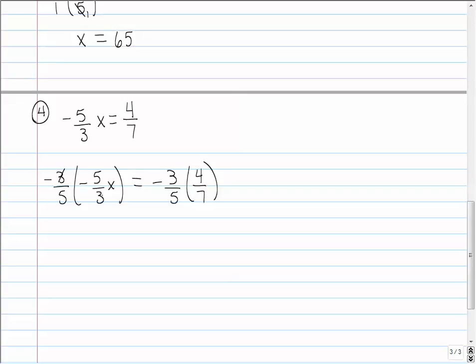And you can see that those 3's are going to cancel out to just give you 1s, and the 5's are going to cancel out to just give you 1s. So that's the same thing as just x over there like you want it. And then if we work out the other side, we know when the signs are different, you get a negative answer. Let's see, nothing crosses out. So you just get 12 over 35. So it's negative 12 over 35.